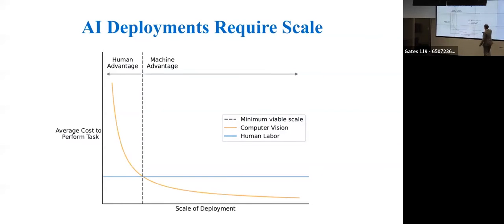And then I'm going to have some human, and here I've drawn the human as flat. You might have some training costs here as well, but for the sake of it, it's relatively flatter. And so you say, okay, that's what that looks like. And there's going to be this minimum viable scale point where below that, you don't want to use an AI system for it, and above it, you do. Okay. That, though, is going to turn out to matter a ton.